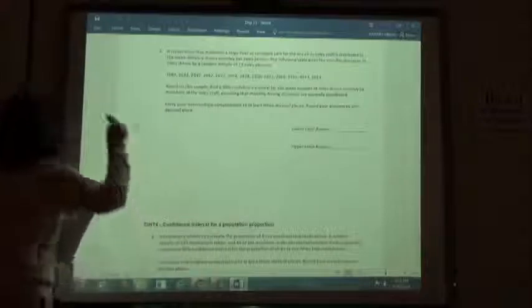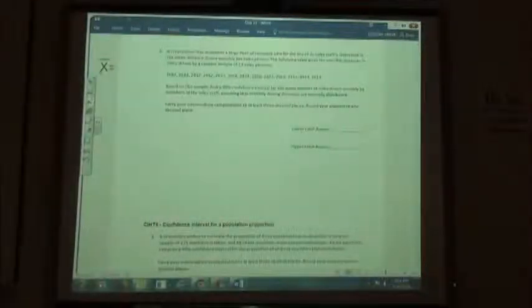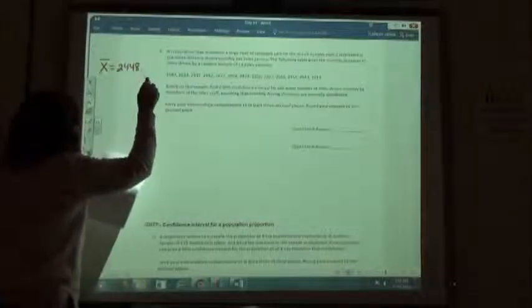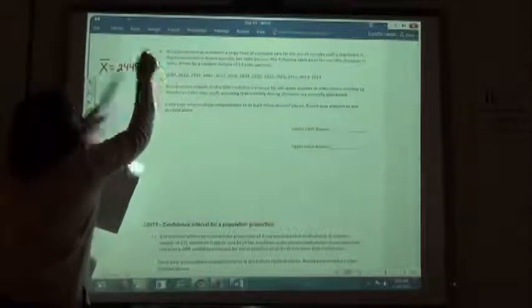And so then we've got to figure out our X bar, to at least 3 decimal places. It's 2448.308. That's our sample mean.